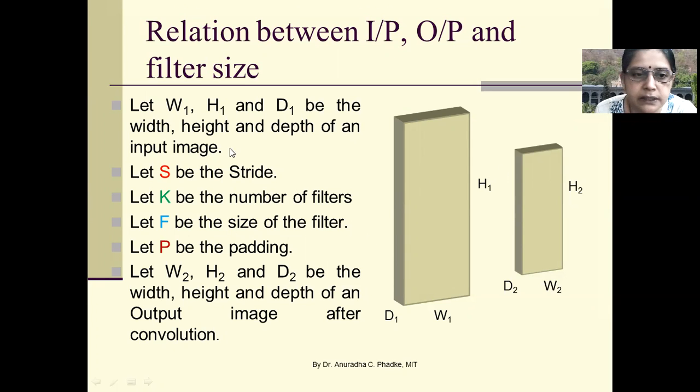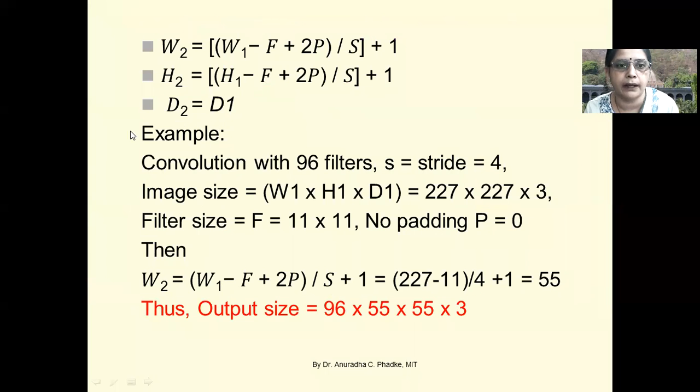So once again, consider this. Let W1, H1 and D1 be the width, height and depth of the input image. Let S be the stride, K be the number of filters, F be the size of the filter and P be the padding. If all these are the inputs, and W2, H2 and D2 are the width, height and depth of the output image after convolution, then the relation between the output parameters and input parameters is given by these equations.